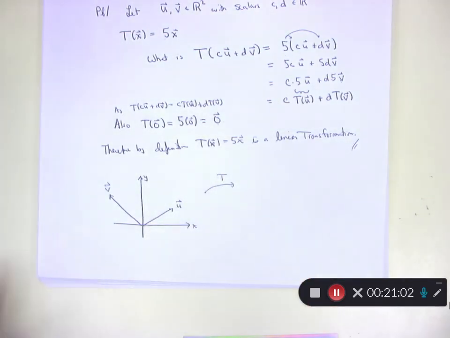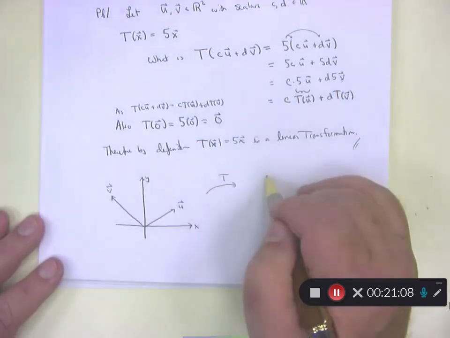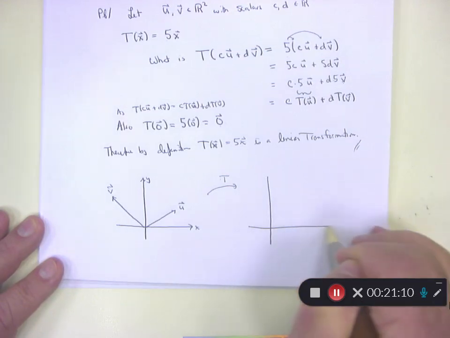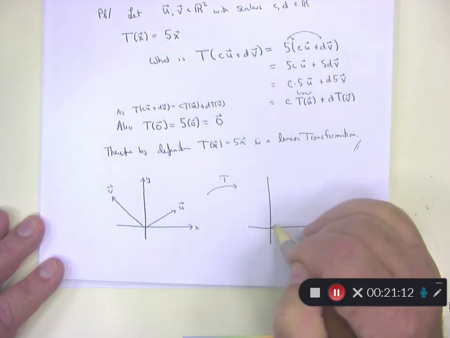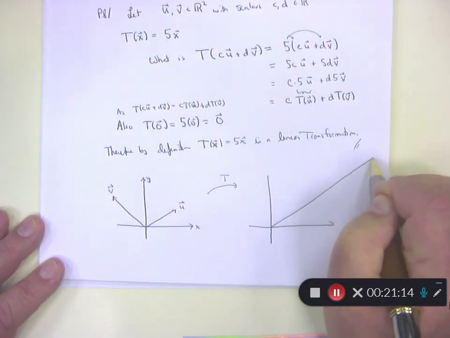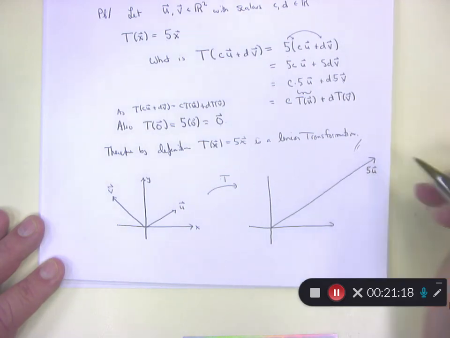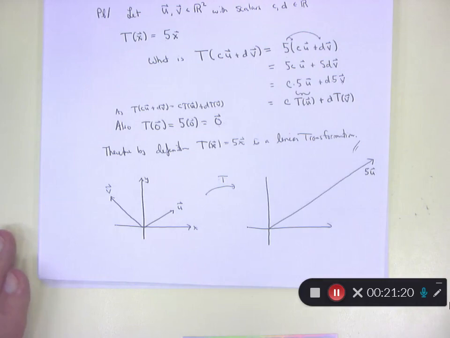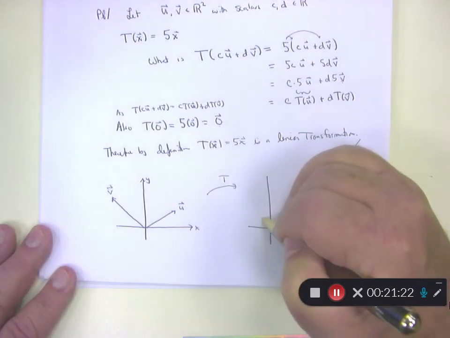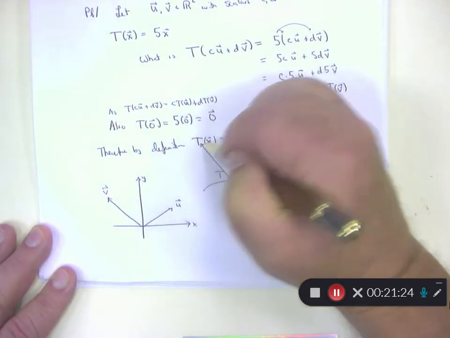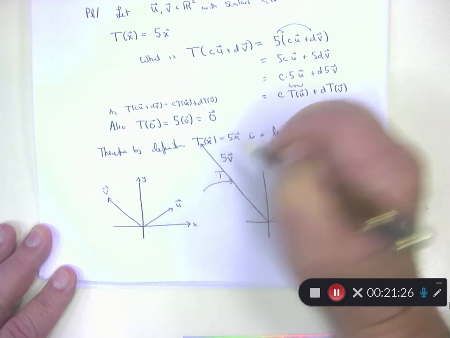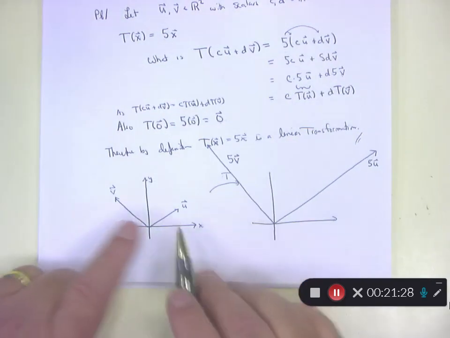If I do my linear transformation on that, what exactly does T do to these vectors? U was here. You get 5 times u, and I get 5 times v. That's what T is doing to this vector.